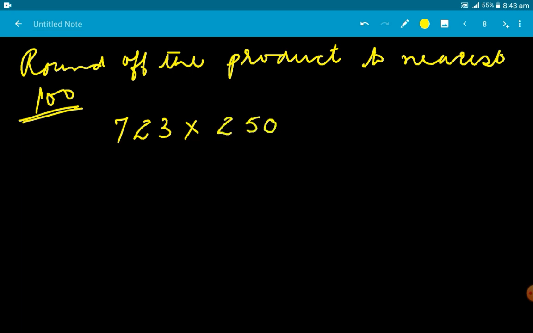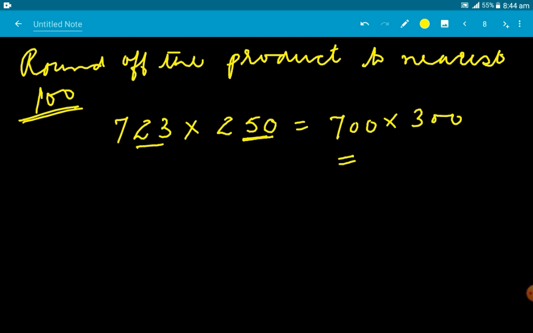Half of 100 is 50. Check this number, it is 723. It will become 700, because it is less than 50. And this is 50 equal to 50, so it will become 300.